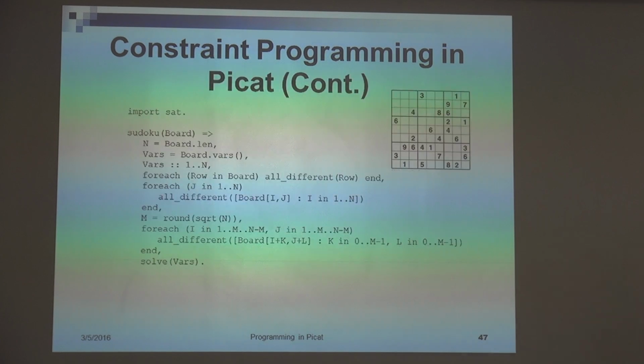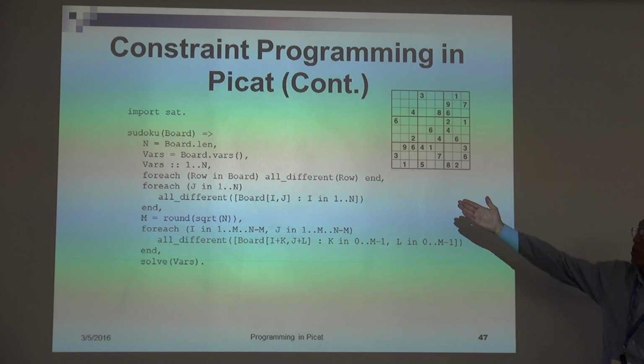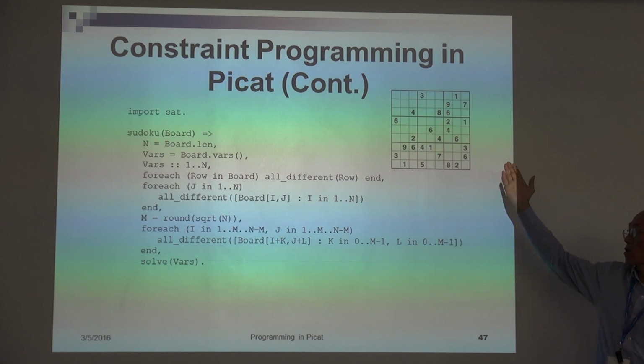Here's another example, a Sudoku. Sudoku is a game invented in Japan. Give me a board, a two-dimensional array, where if the entry is filled, then that's a number. Otherwise, it's a free variable. So what we do is we retrieve the variables, declare the domains of these variables, and then just write the constraints.